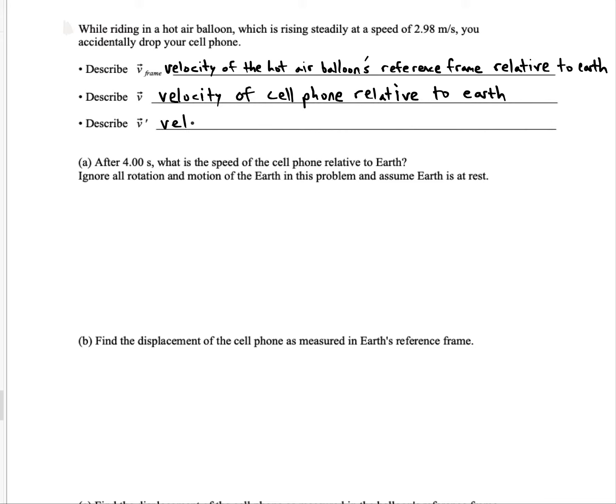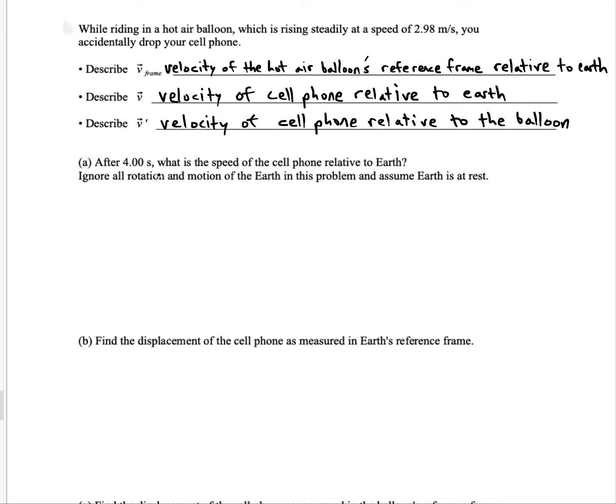That would be the velocity of the cell phone relative to the balloon. It's all about establishing two different frames of reference, two different potential observers who can see this cell phone fall.